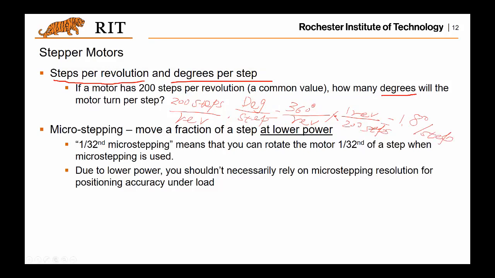So that's how you have this information ready. So basically you need to understand what the steps per revolution is and what the degrees per step is. So does this calculation make sense to you?